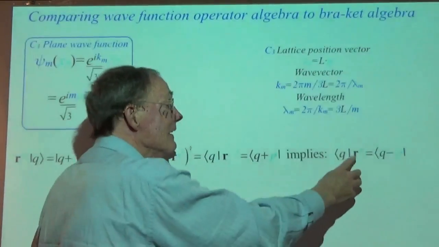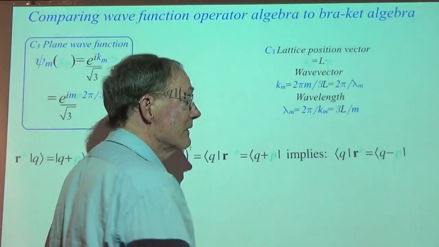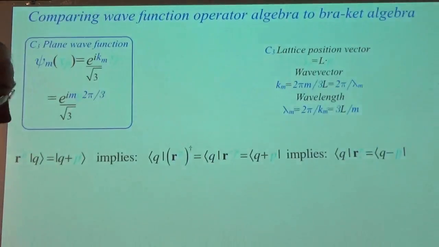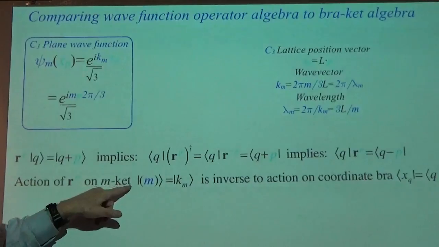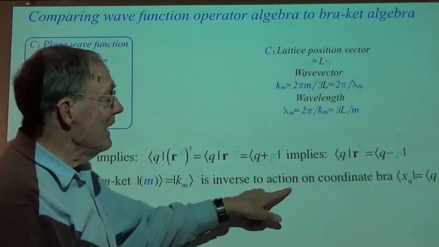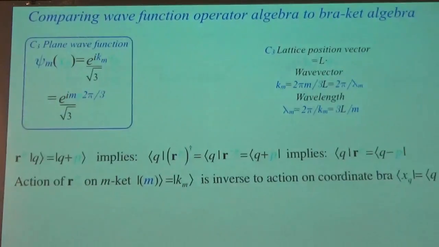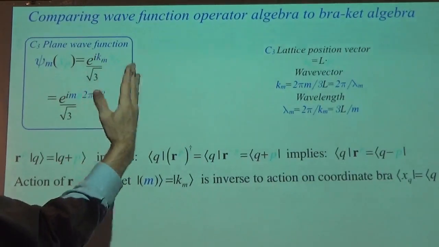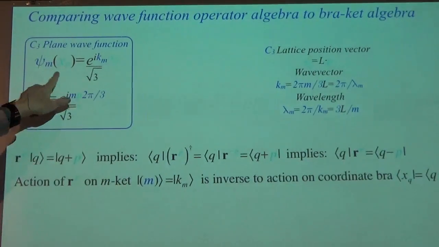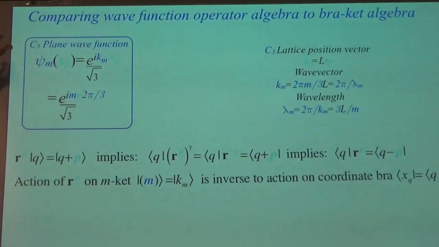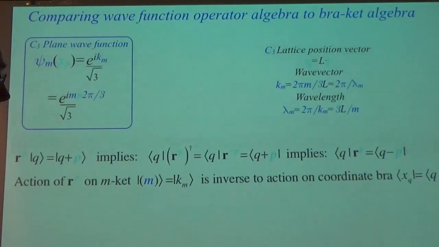That implies that rp operating on a bra gives you minus. So the action of rp on an m ket is inverse to the action on a coordinate bra. And you always put the coordinate bras this way and the momentum kets this way when you describe something like this. The x is on this side, not sitting on the right like it is in the Schrodinger picture.